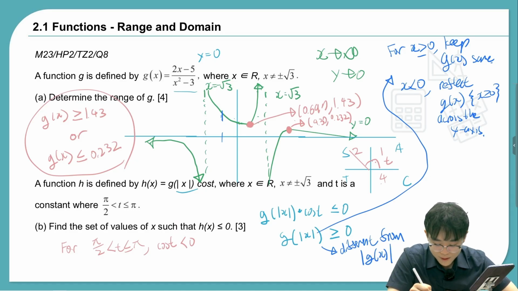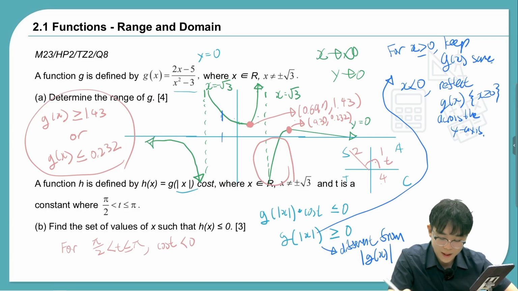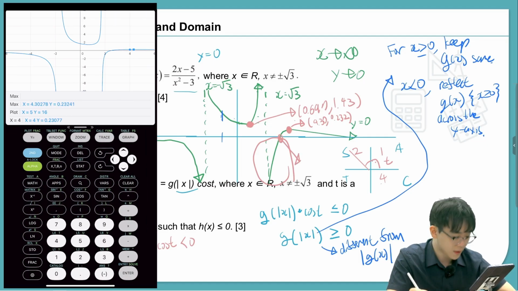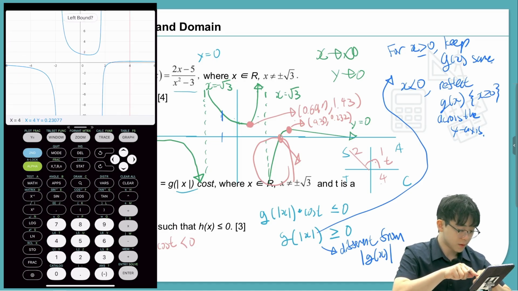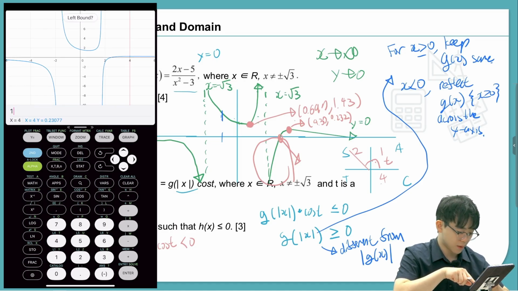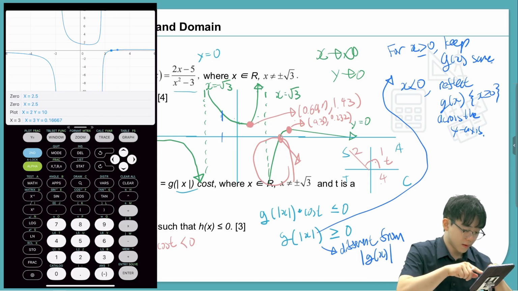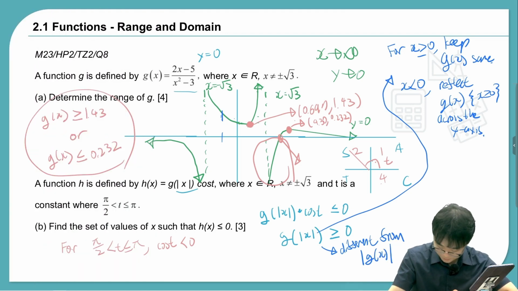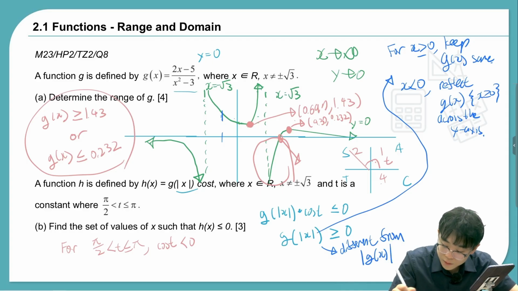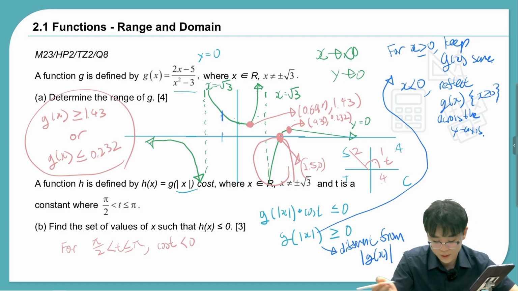So if you want to find when this is greater than or equal to 0, we would first work with this part. We don't need to look at the left side, because that's going to go away. So we just look for this 0 here, where we have 1 and 3. So when x is 2.5 and y is 0, that's our 0 point here.